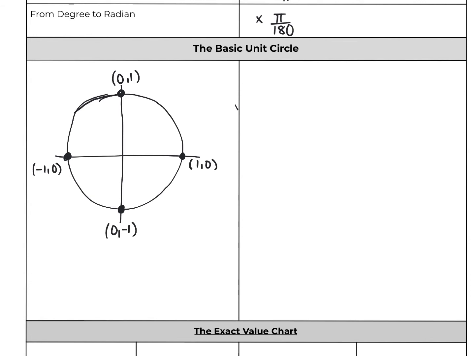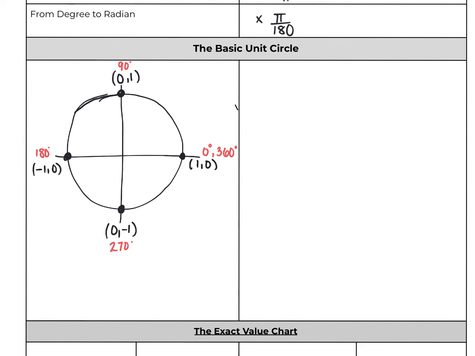Now, we should remember that the first degree measurement here is 0. Then we go up to 90, and then down to 180, and 270, and to complete the circle, we have 360 degrees. Now, if you use the radian conversion above, you can convert each of these 4 quadrantal angles to radians.